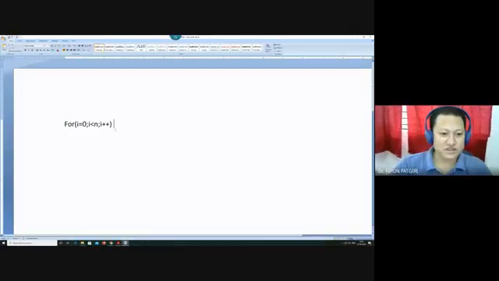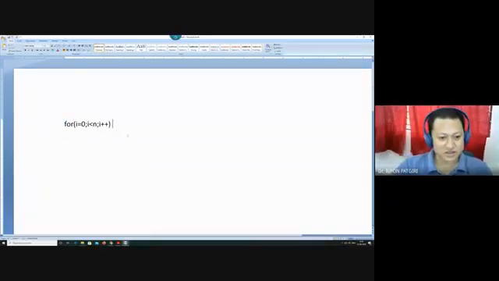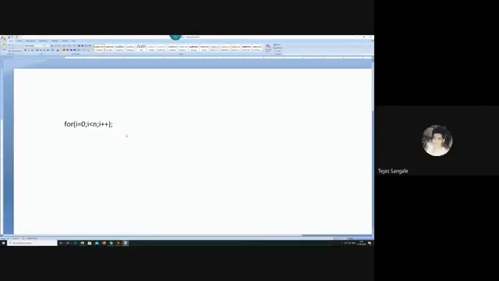Say for example, this is my for loop. What is wrong with this for loop? Semicolon. Semicolon cannot be there, sir. If there is a semicolon there, then it will terminate.